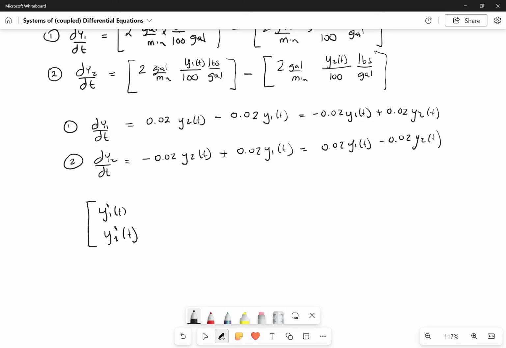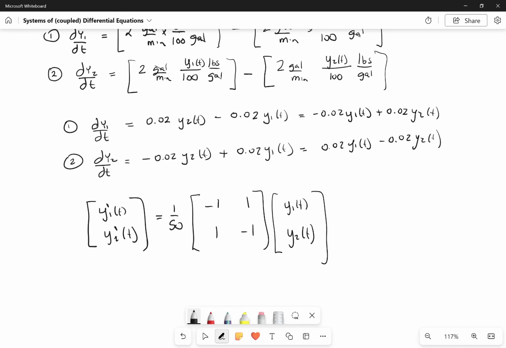is equal to, and let me pull this 0.02 out, making that 2 out of 100. That's like 1 out of 50, right, which is 2 out of 100. And what I have is negative 1 and 1, and then 1 and negative 1, times y1 of t, y2 of t.